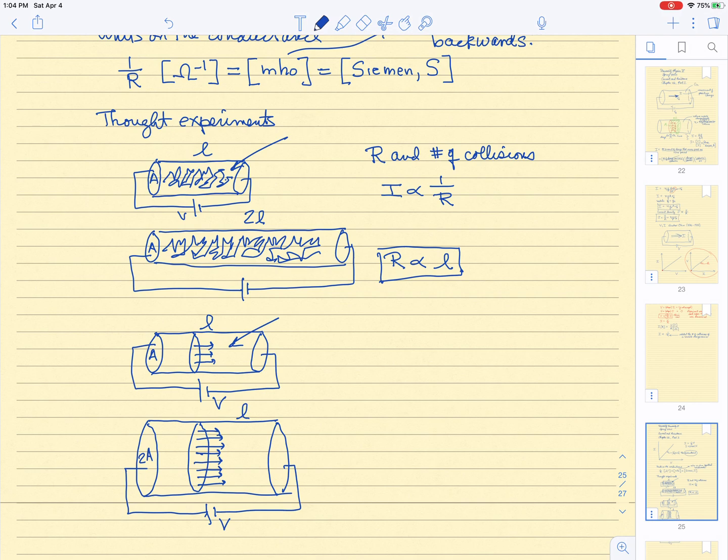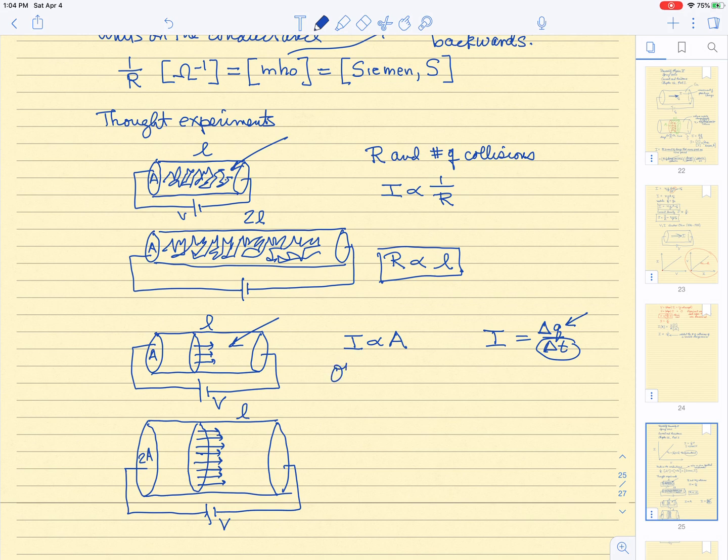So then the current is going to be directly proportional to the area. The larger the area, the larger the current, okay? Because remember that current is amount of charge per unit time, right? This is constant, and so the amount of charge moving past me is going to change.